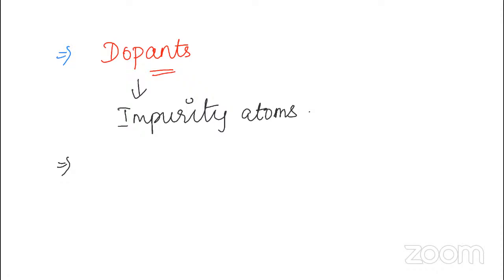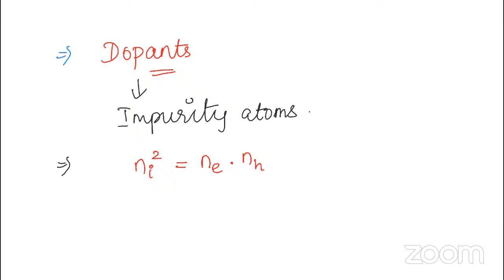Every time it increases, it should increase by square times. So the formula is Ni square equals Ne into NH. When impurities are added, the carrier concentration keeps multiplying. Okay, it should increase.